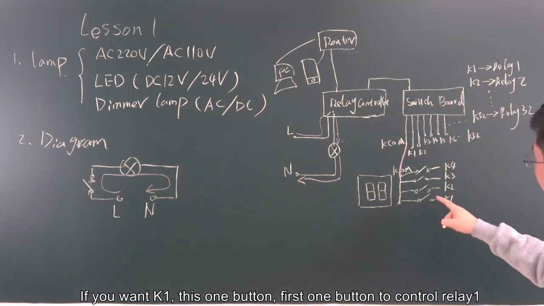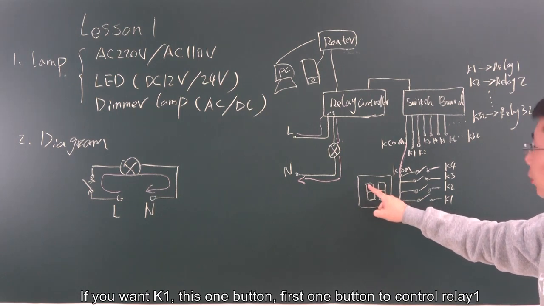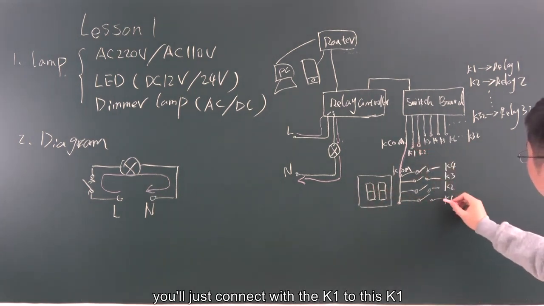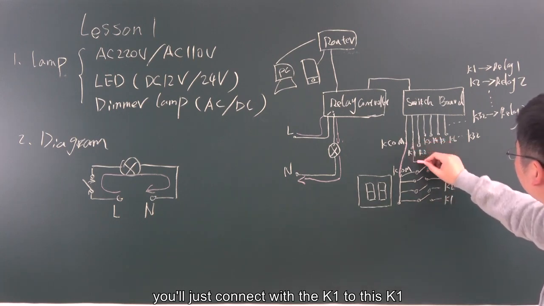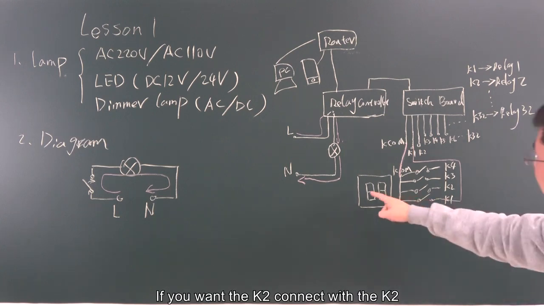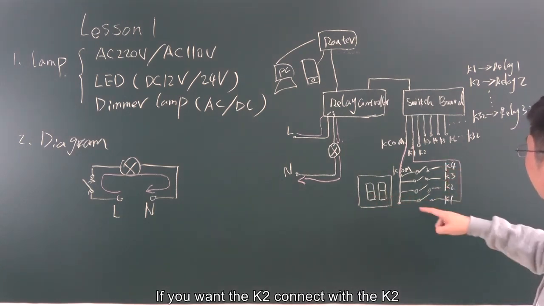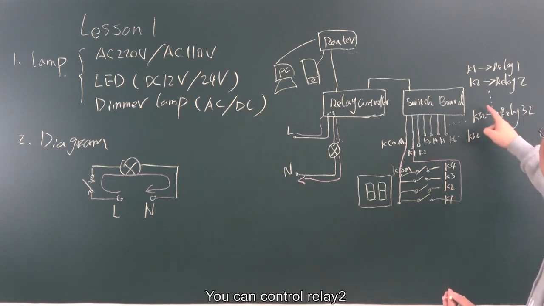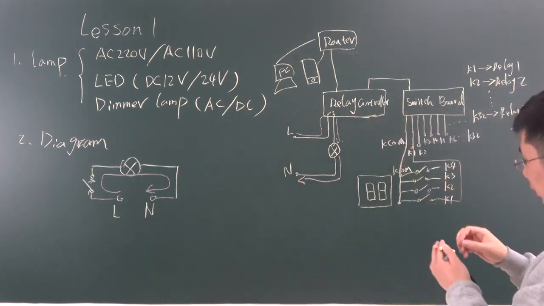So if you want the first button to control relay 1, you just connect this K1 to this K1. If you want K2, connect with K2, so you can control relay 2.